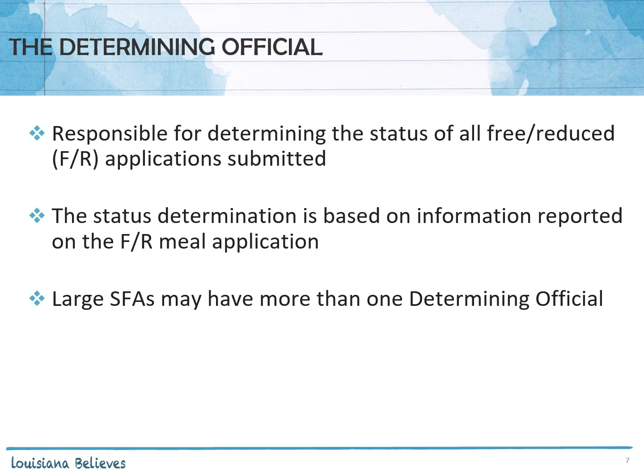The determining official is responsible for the "for school use only" section of applications, which we will discuss on later slides. Larger SFAs may have multiple people designated as the determining official. Many schools will allow the manager for each school to be the determining official for all applications coming in to that school.